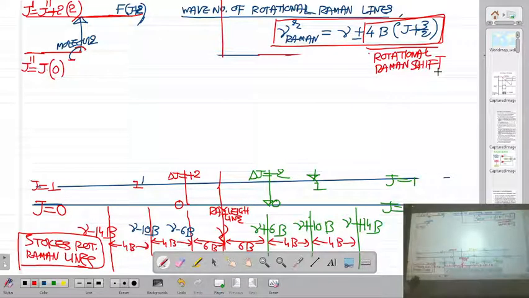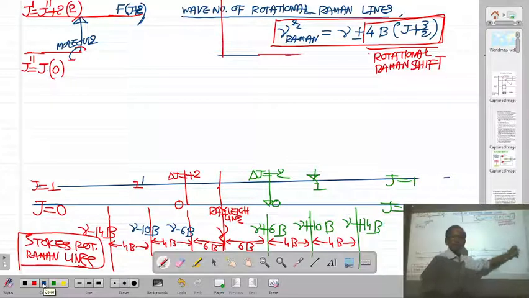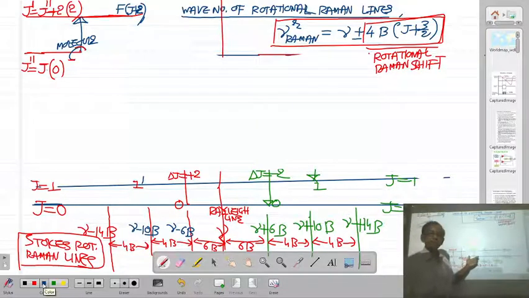Thus, I have discussed this. This is the rotational Raman spectra.